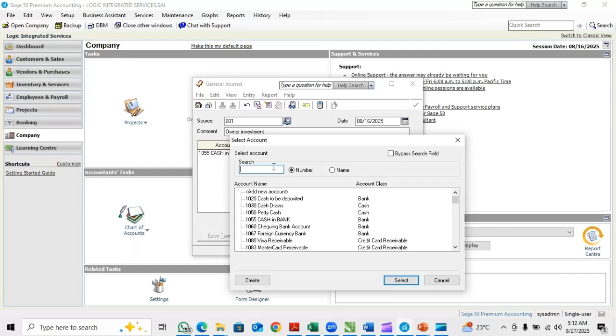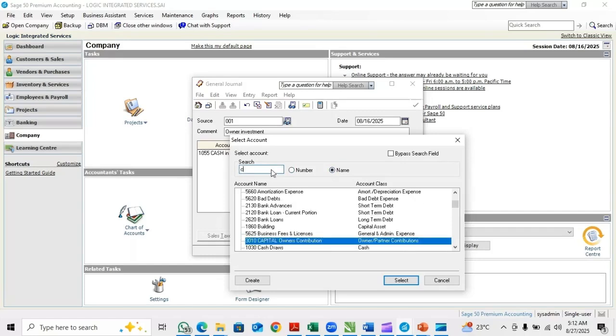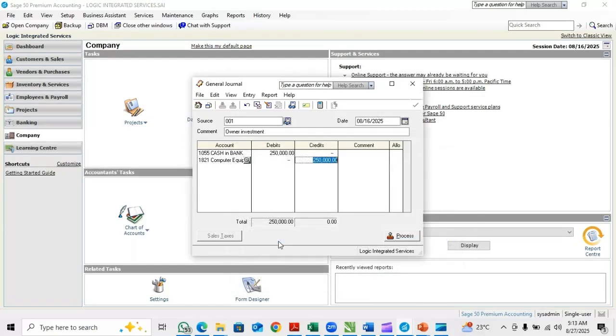Okay, computer. What's the account number for computer equipment? Okay, let me use computer equipment. Computer equipment is 30,000 naira.